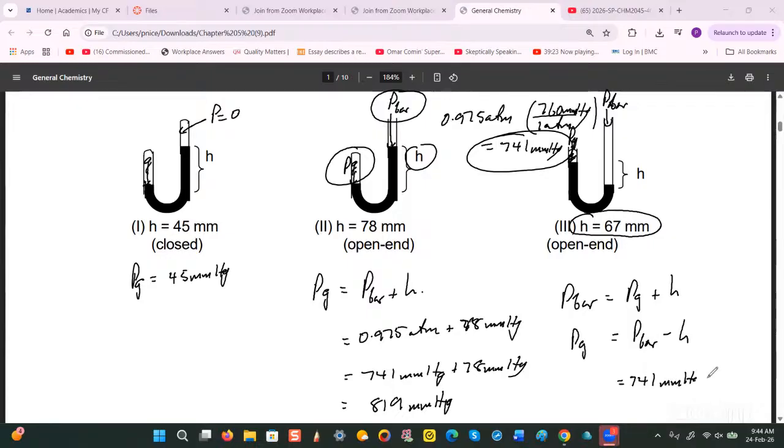And we're going to subtract from that the height difference between the two mercury levels, which is 67 millimeters of mercury. So let's see what that gives. 741 minus 67. And according to my calculation, this works out to equal to 674 millimeters mercury.